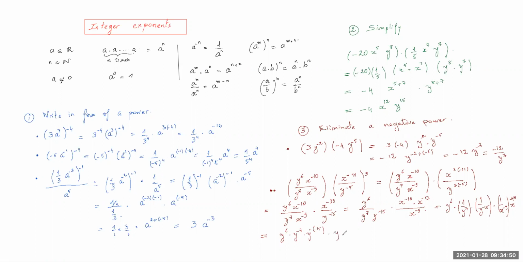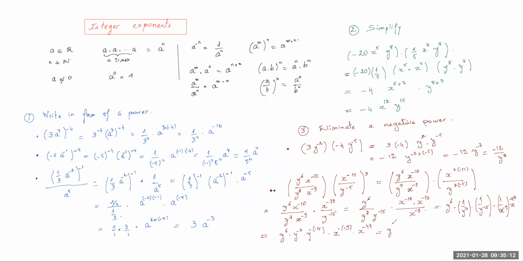For x, I will have x power minus 9, and then x times x minus 43. And then here I can add the powers.